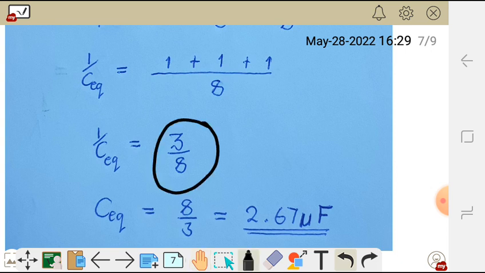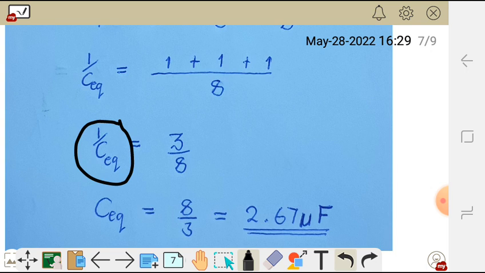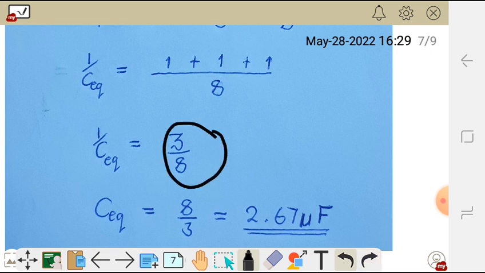This is 1 over the equivalent capacitor. To find the equivalent capacitor, get the reciprocal, which is 8 over 3. Or you cross multiply and divide by 3, and you still get 8 over 3. Dividing this, you have your equivalent capacitor.